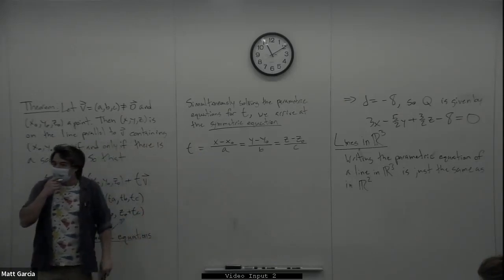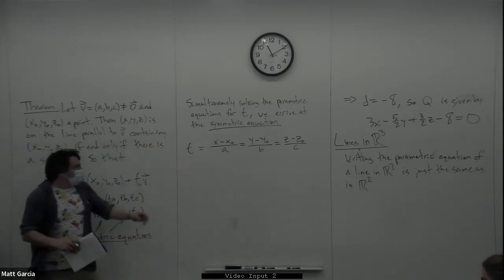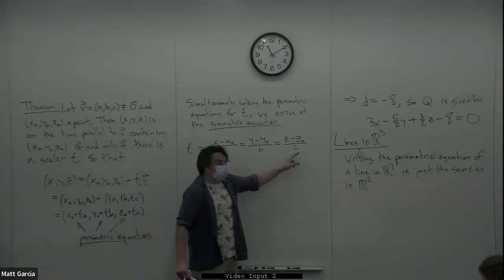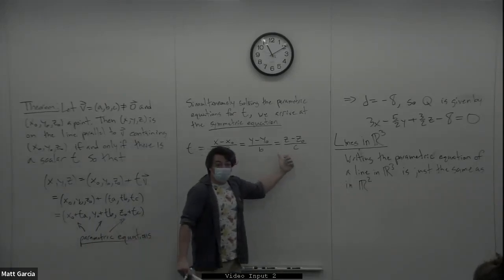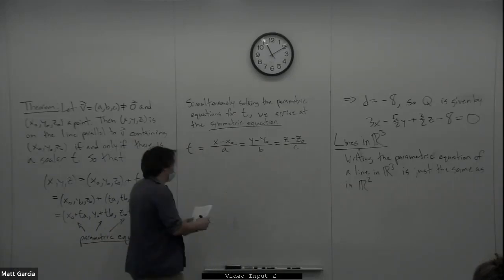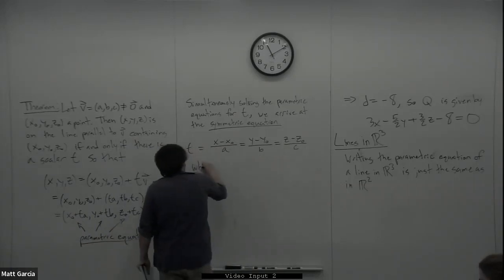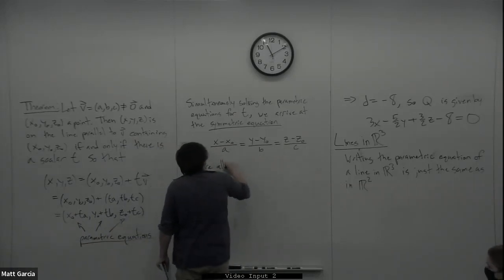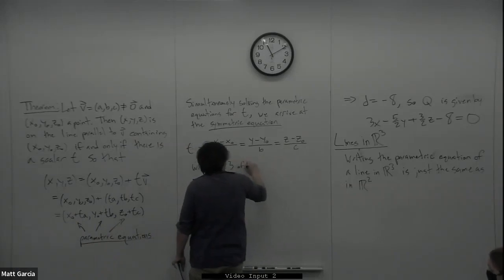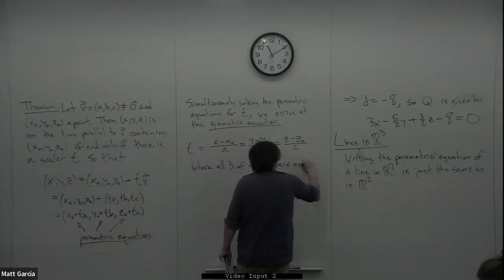Yeah, all three of a, b, and c must be not equal to 0 in order for me to write this, right? I can't divide by 0. Good, thank you. This is where all three of a, b, and c are non-zero.